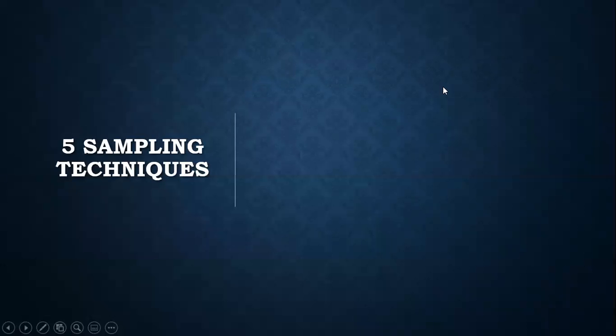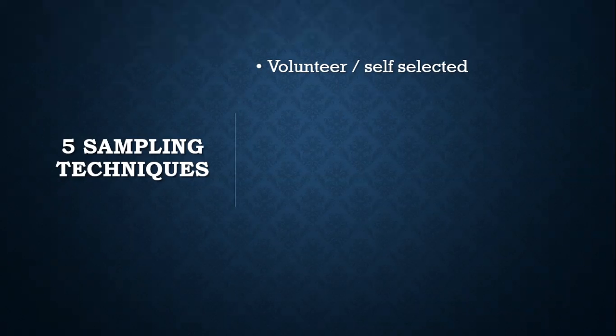Now, we have 5 sampling techniques. I am going to quickly go through this, but you do have that sheet that you should have filled out. So we have volunteer. Please note volunteer sampling can also be known as self-selected. The volunteer self-selected sampling is when a person puts themselves forward.